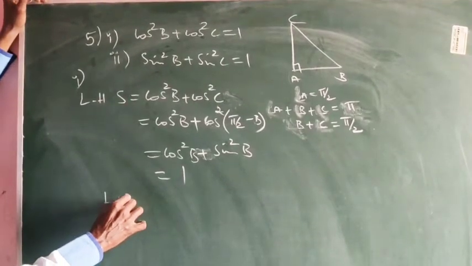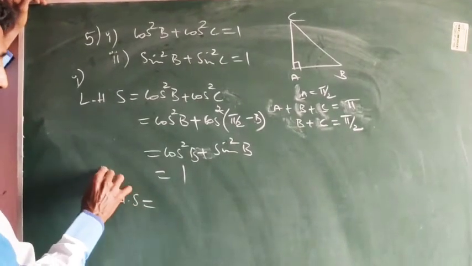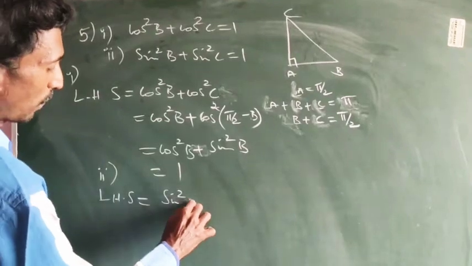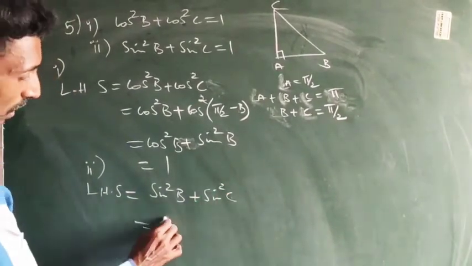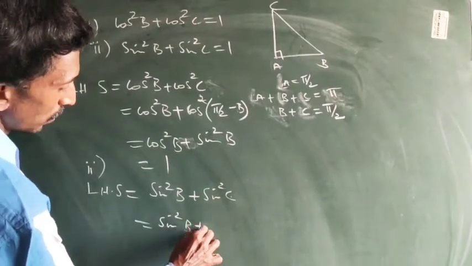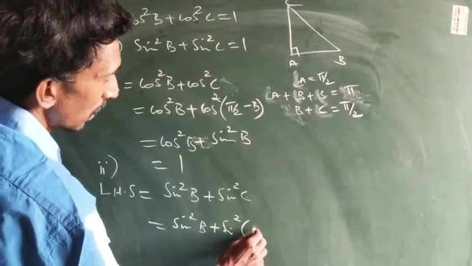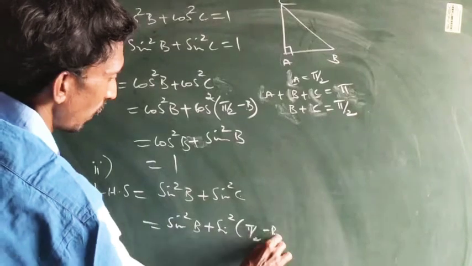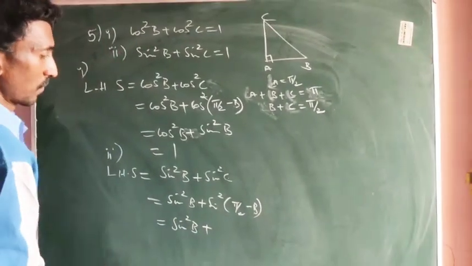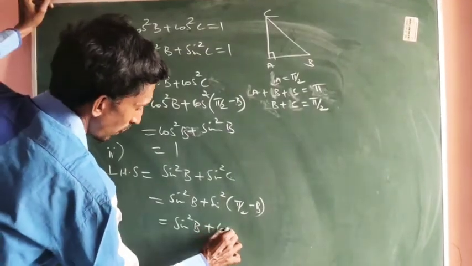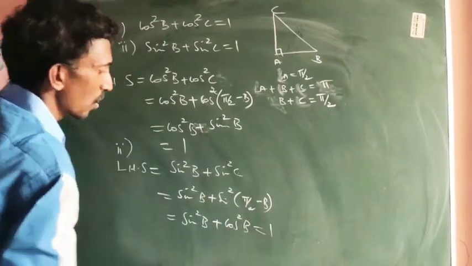Similarly, take the LHS of the second subdivision, sin square B plus sin square C. Again put C equal to 90 minus B: sin square B plus cos square B, that is also 1.